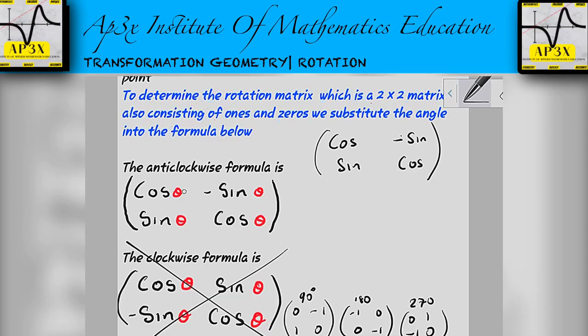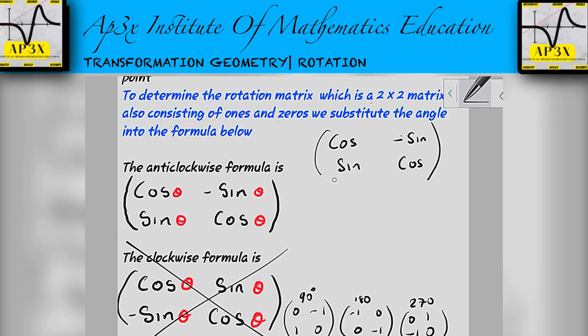Now here, let us just say that you got a question that requires you to rotate the object, as opposed to going 90 degrees anti-clockwise, they're asking you to rotate it 90 degrees clockwise instead.